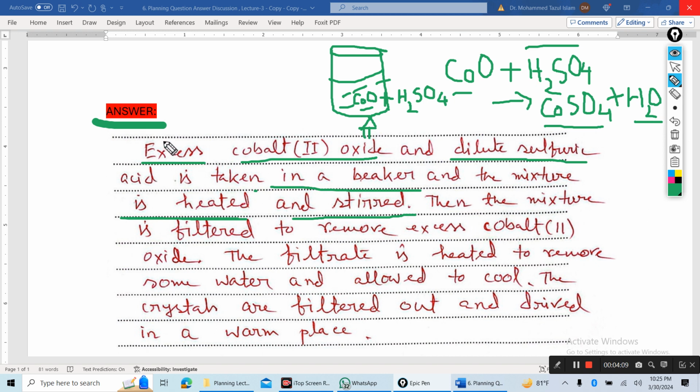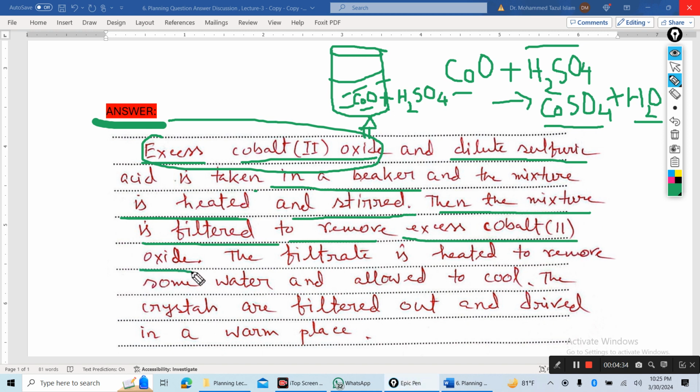As you added excess cobalt(II) oxide, some cobalt(II) oxide remains undissolved. So the mixture is filtered to remove excess cobalt(II) oxide.